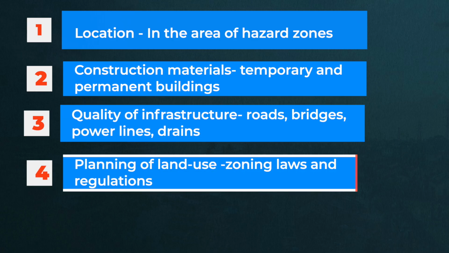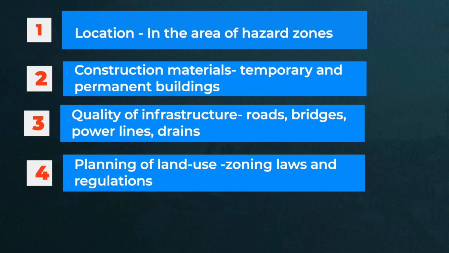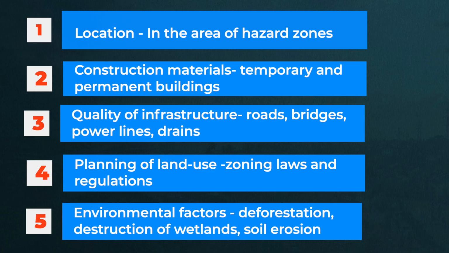The fourth is planning of land use, zoning laws and regulations related to it, and the fifth one is environmental factors such as deforestation, destruction of wetlands, soil erosion, etc. Physical vulnerability is also quite common in informal settlements where legal status and investment are less apparent.